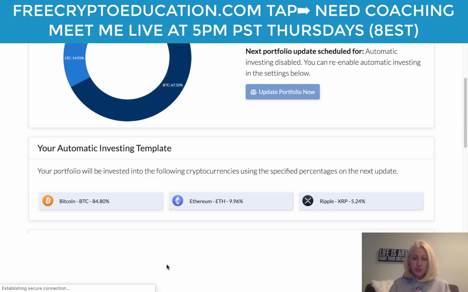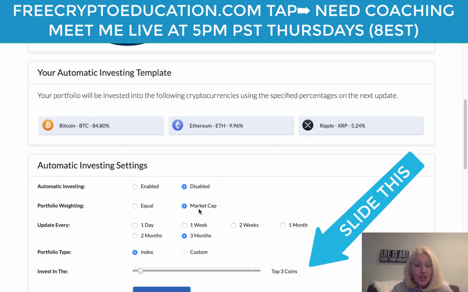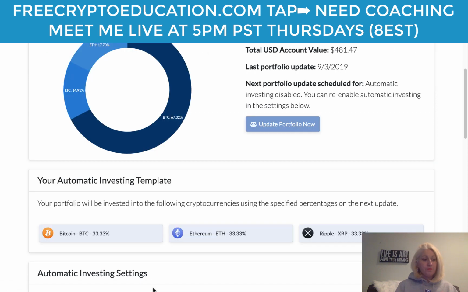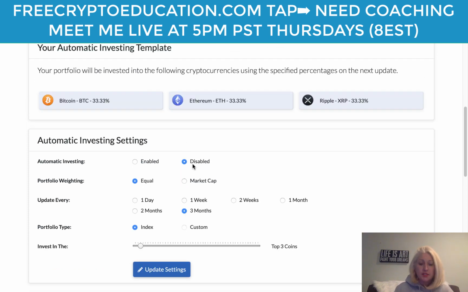If I wanted just the top 3 market cap coins, then it wouldn't consist of Litecoin, so that wouldn't work. Now, the other option with this technology is portfolio weighting equal. So I could click on that, and it's going to equally allocate the funds so that they're dispersed equally amongst all of them, regardless of their market cap. It just still only selects the coins that are in the top 3 market cap coins.